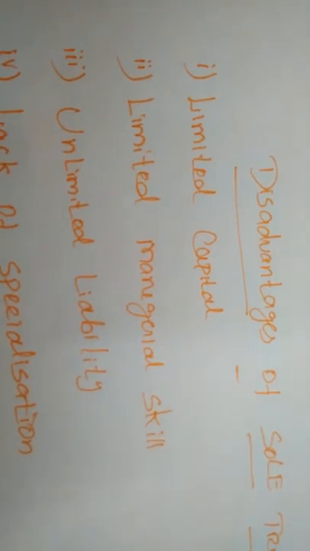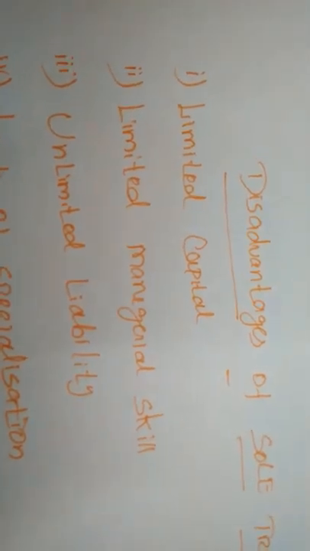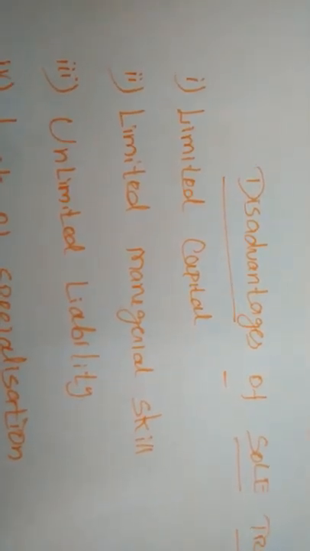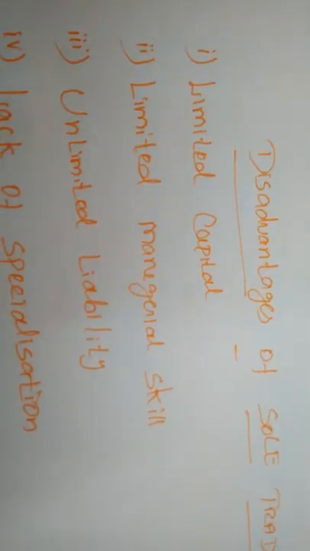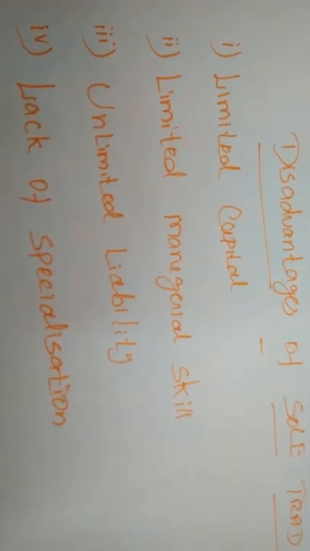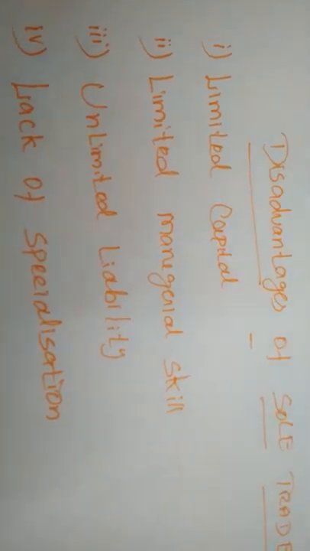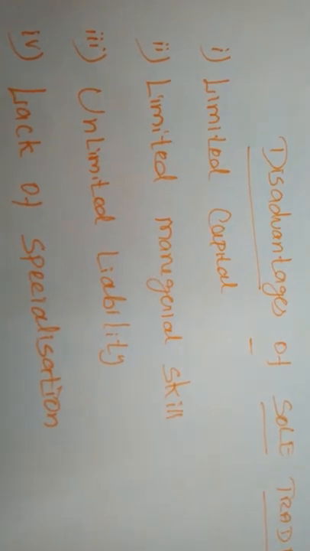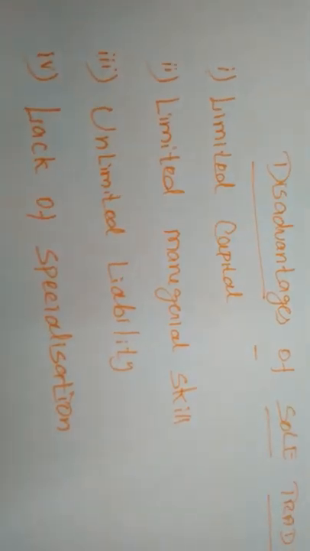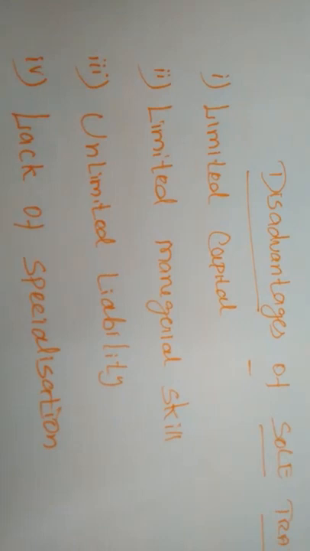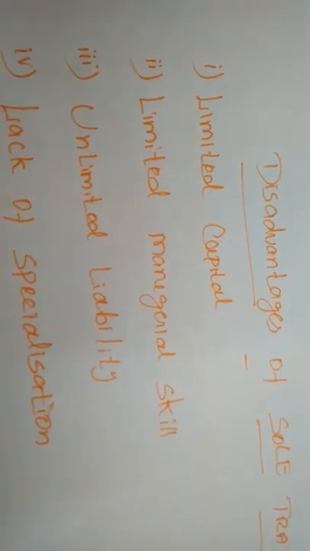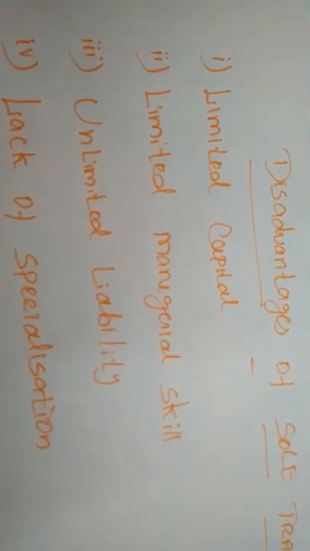Since the capital is contributed by only one individual, the limited scale will not help to extend the business organization. Next, limited managerial skill. In this business organization, a single person's intelligence and experience may not help him beyond a certain stage. A single man's intelligence will be helpful only in one particular line.